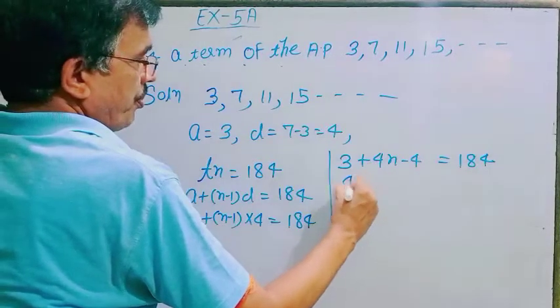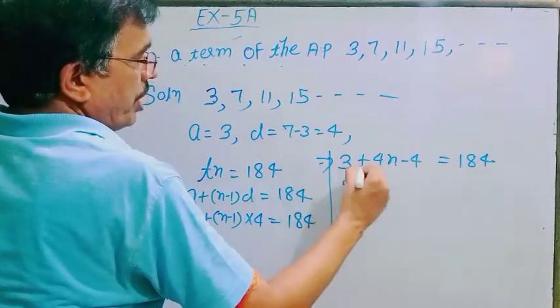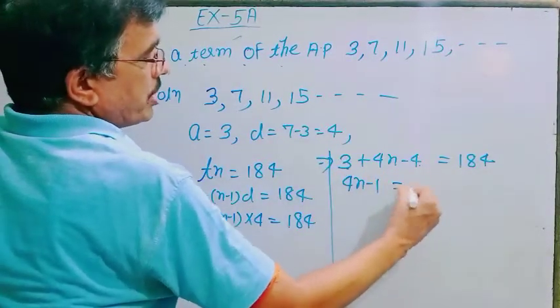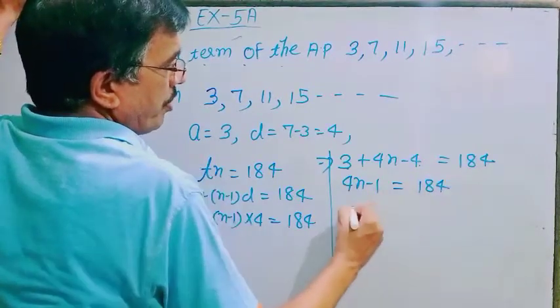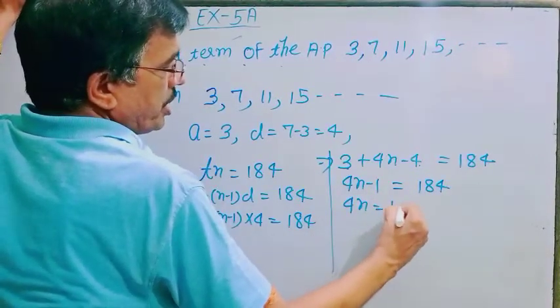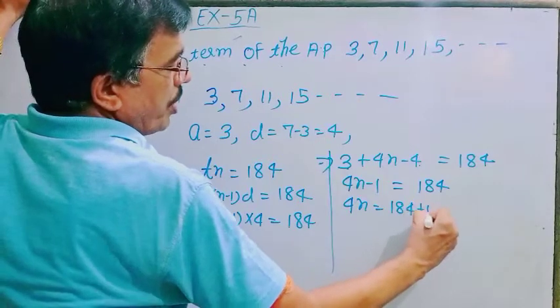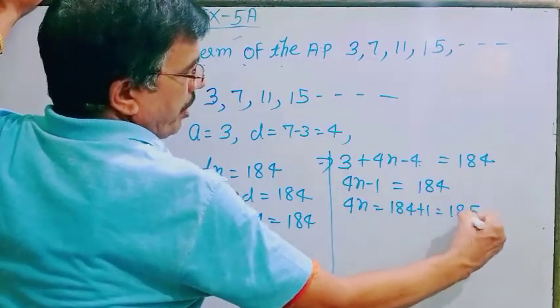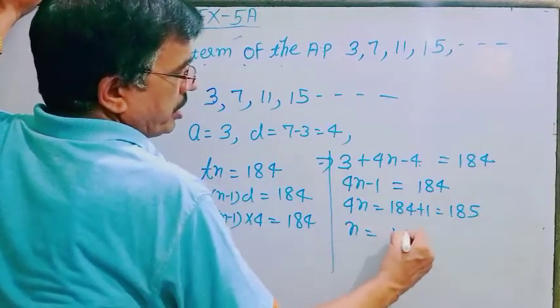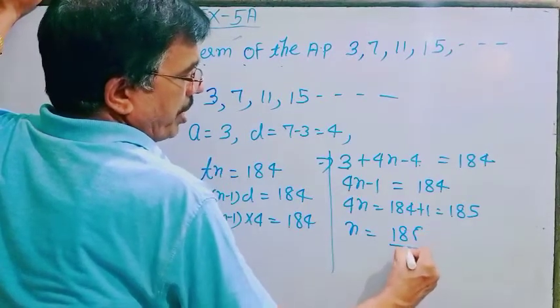So here it is 4N minus 1, because plus 3 and minus 4 is minus 1, equals 184. So 4N is equal to 184 plus 1, that is 185. So N is 185 by 4.